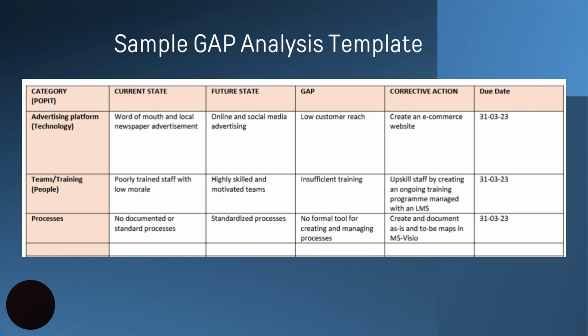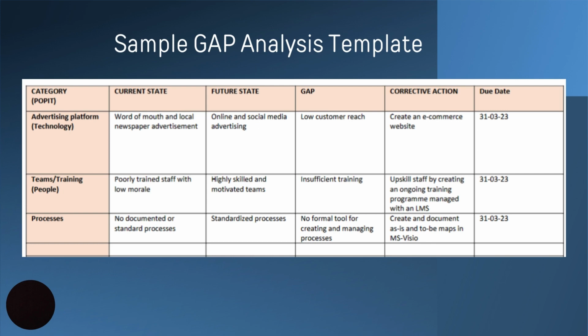So you identify the PUPPET area, you identify the current state, the future state, and what needs to be done to achieve that change. If we take a look at the other category, people, we're saying what's the current state? The staff, they are poorly trained and they have low morale. But what is the future desired state?